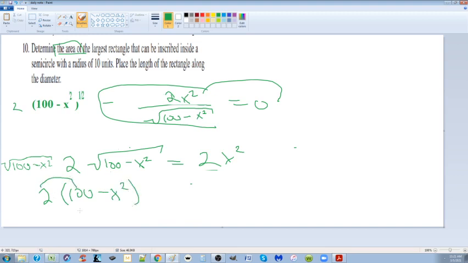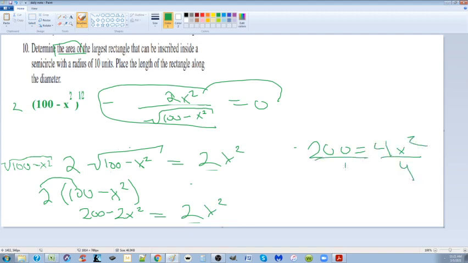So I get 2 times that, 200 minus 2x squared, all is equal to 2x squared. I'm going to get all the x squareds on the same side. I'm going to divide by 4. I'm going to solve for x.